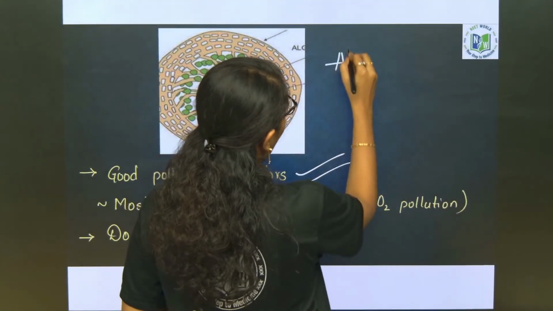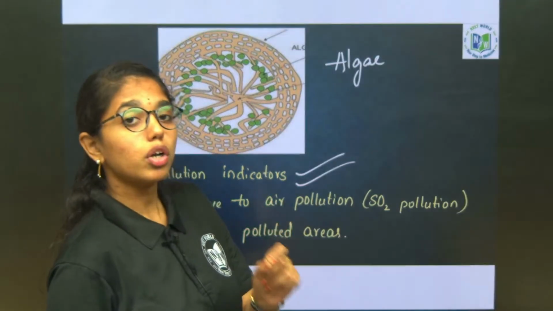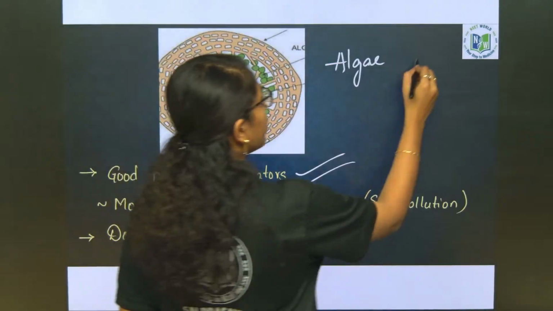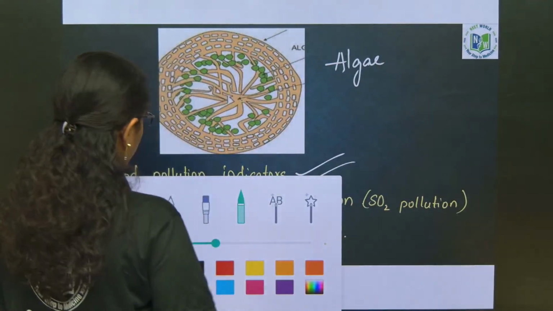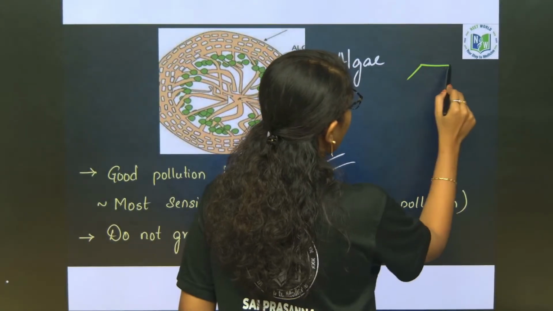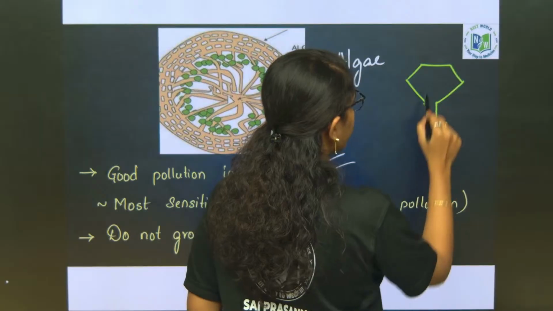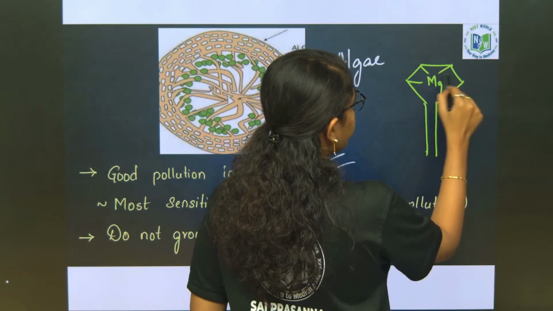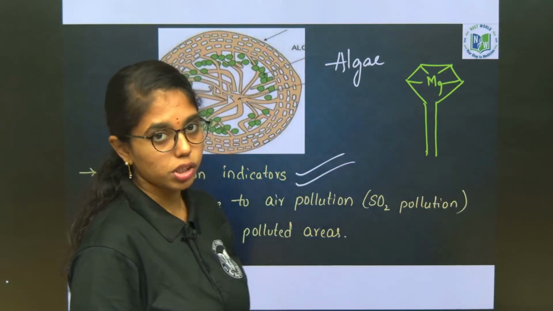We know algae is autotrophic, conducting photosynthesis. Photosynthesis is possible only through the pigment chlorophyll. We know the structure of chlorophyll will have what, porphyrin ring and phytol chain. Yes or no? At the center, magnesium will be present in the porphyrin ring and then phytol chain.